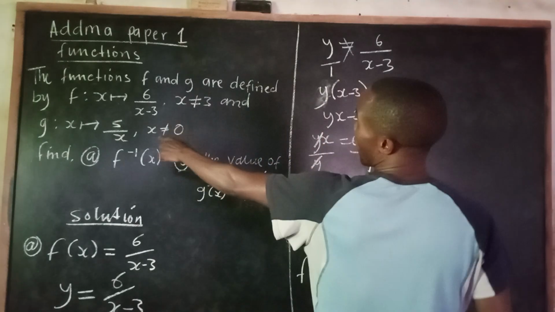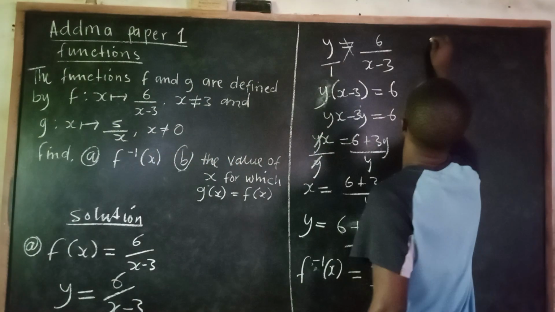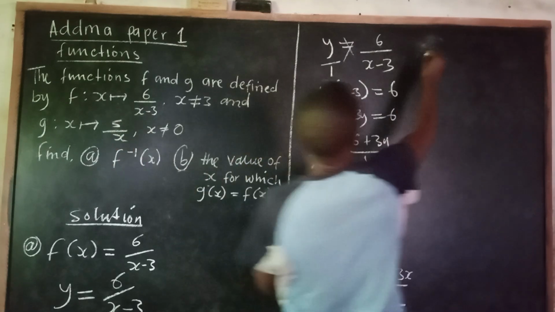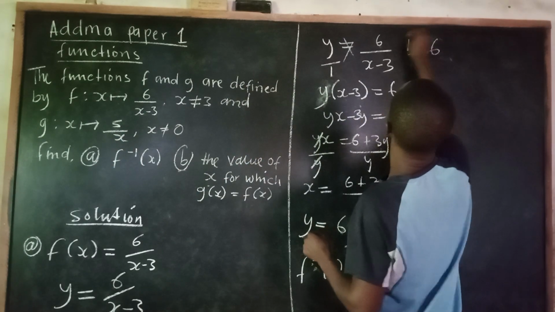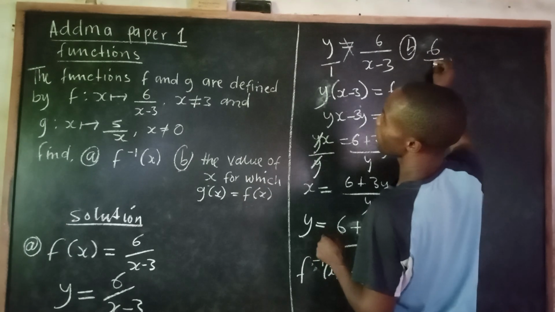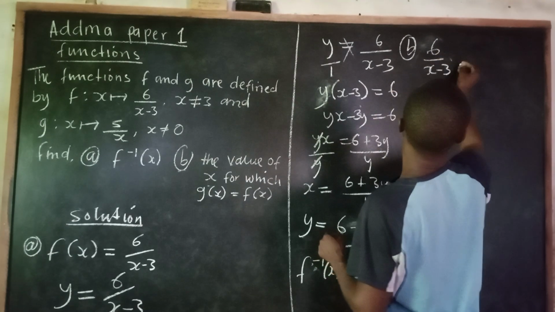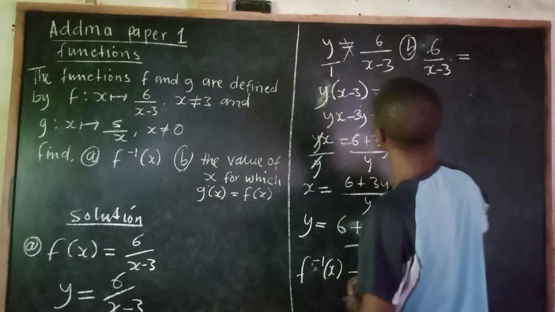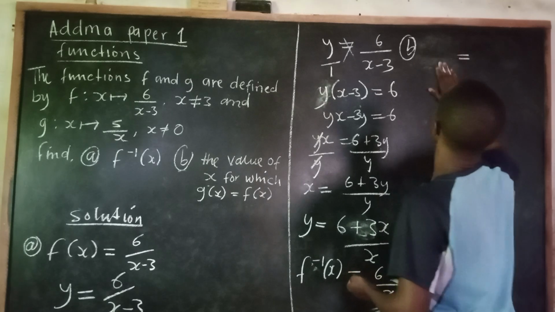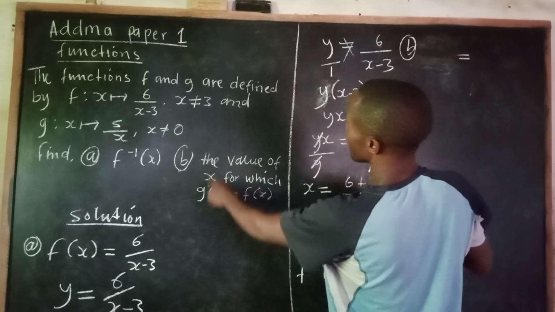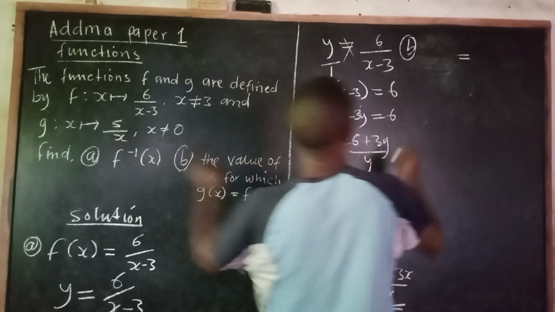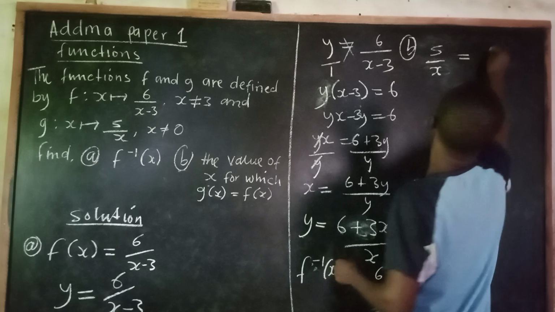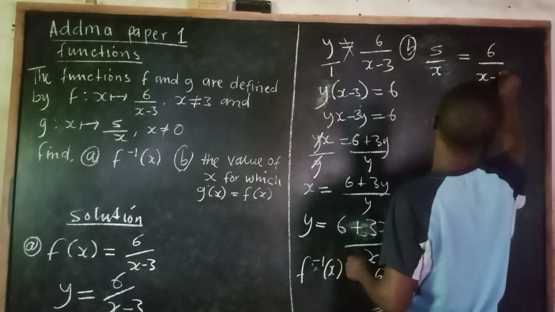So f of x is 6 over x minus 3. We start with g of x, which is 5 over x, and it equals f of x, which is 6 over x minus 3.